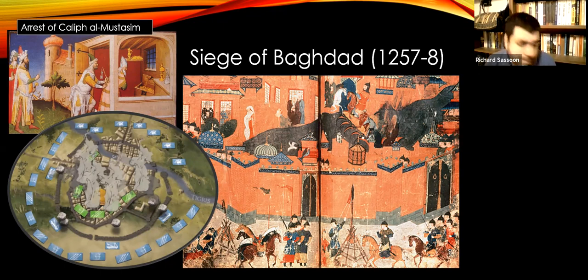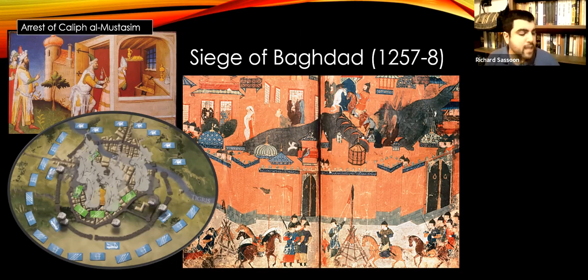He didn't want to pay tribute, and so the Mongols would say, if your gold is so useful to you, now you can eat it. There are also stories of Caliph al-Mustasim being fed liquid gold, similar to the way that Inalchuk was fed liquid silver. But the most striking thing here is that this was the end of the Abbasid Caliphate.